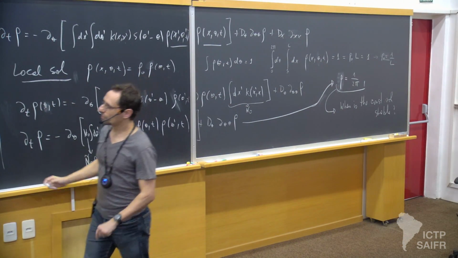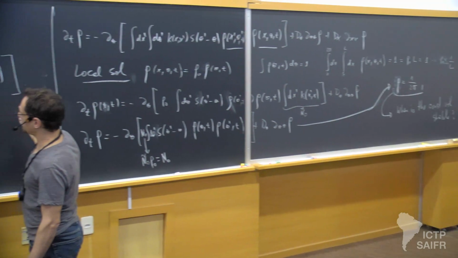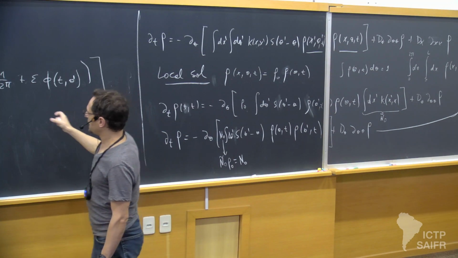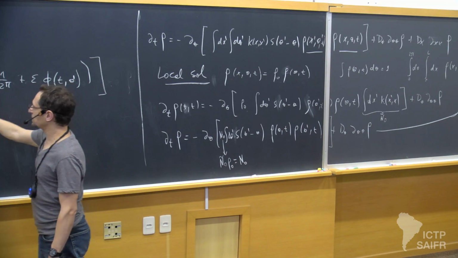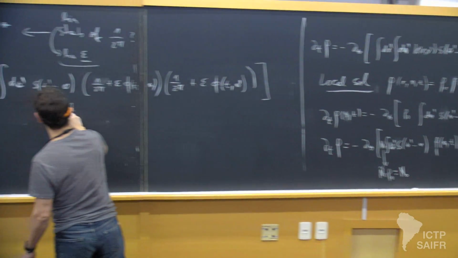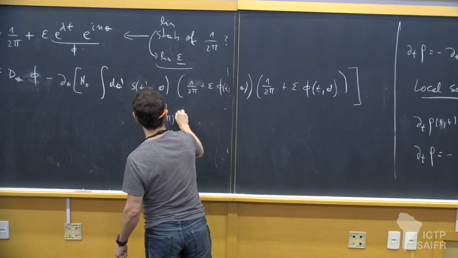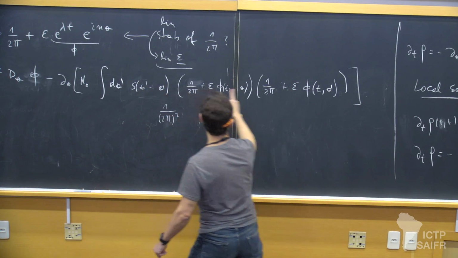So now happens the following. If I do the multiplication of this, you will get one term that is 1 over 2 pi squared, right? This times this.